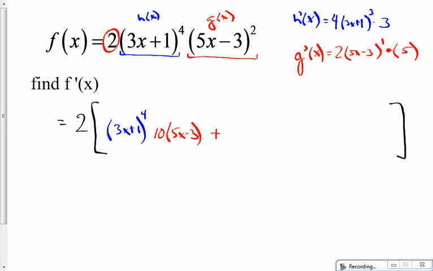Plus, what goes next? We could do 5x minus 3 squared. I like to do the f part first. So I'm going to go blue, red, just based on what I see. So this is going to be 12 quantity 3x plus 1 cubed times 5x minus 3 squared.